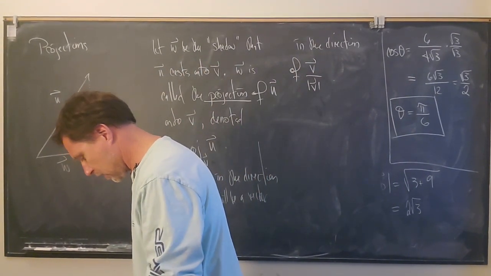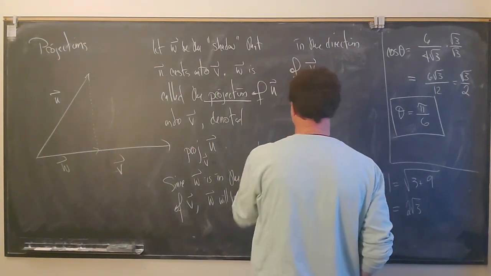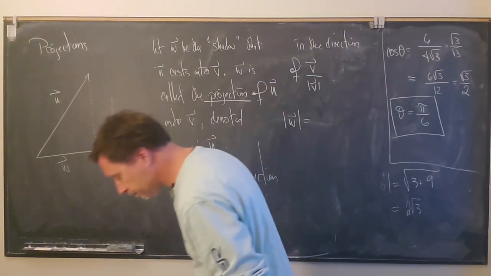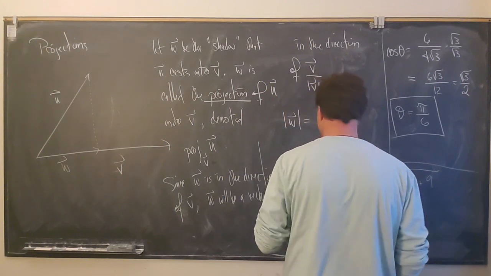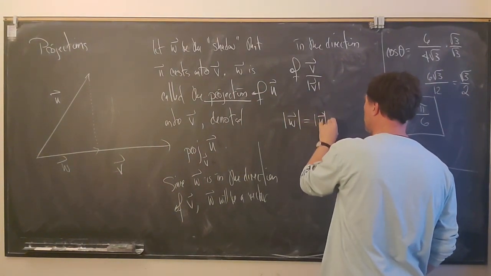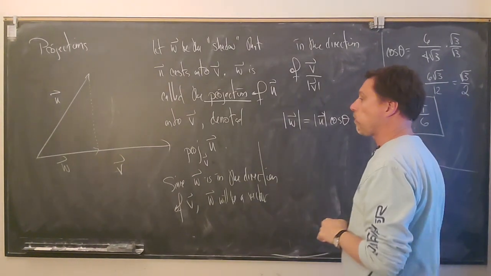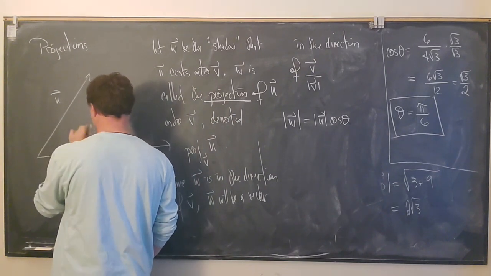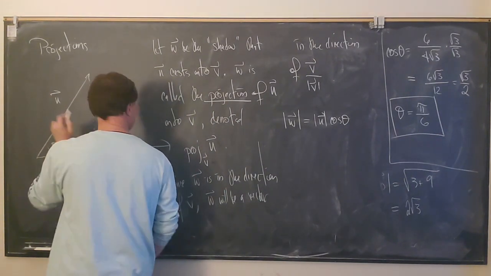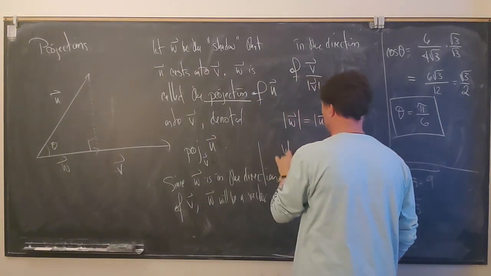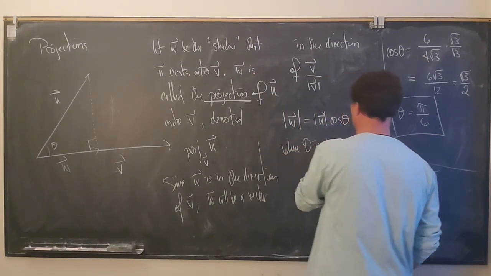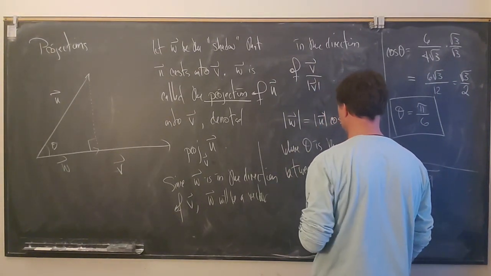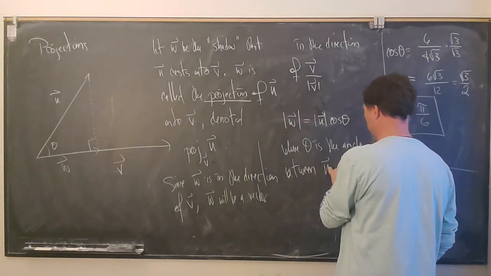Now, I need to do a little bit of trig here. Length of W is equal to length of U times cosine of theta, where theta is the angle between U and V. I've got a right triangle right here, here's my angle theta.